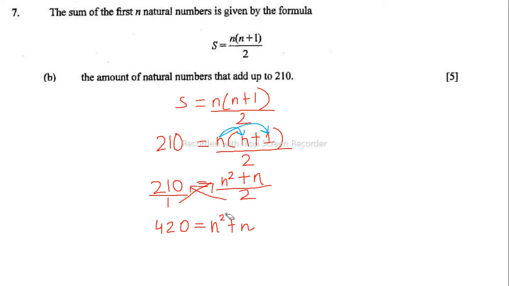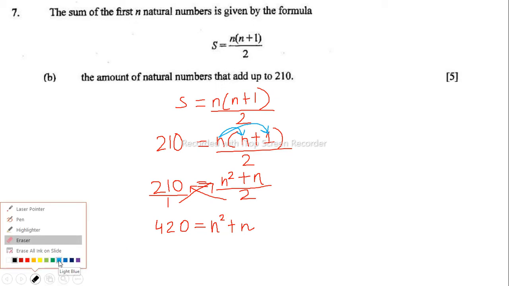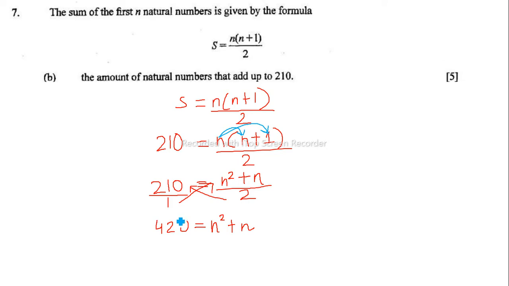If it was linear, then the highest power of the variable would be 1. So this is a quadratic equation, and solving quadratic equations is a bit different. We have to use the quadratic formula.